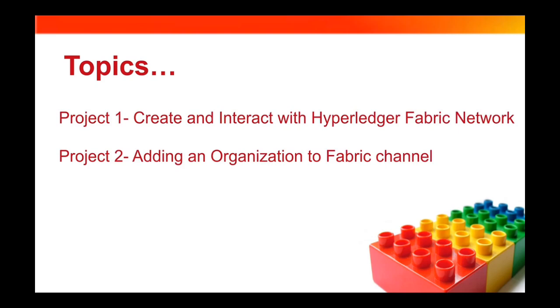As part of this course, you have successfully finished 2 lab sections. In the first lab, or the first project, we created and interacted with the Hyperledger Fabric network. So we created the Hyperledger Fabric network from the ground up, and we interacted with it. As part of lab 2, which is project 2, we added an organization to the existing fabric network that we created in lab 1, and we added that organization to the fabric channel.